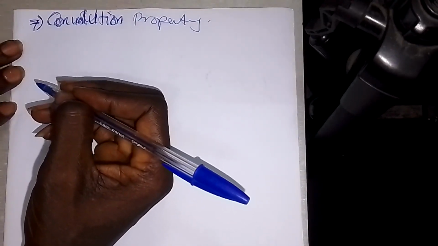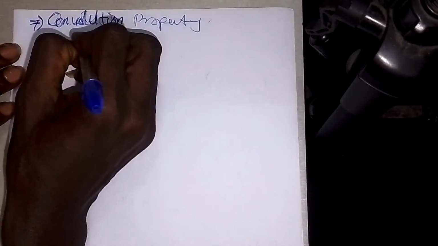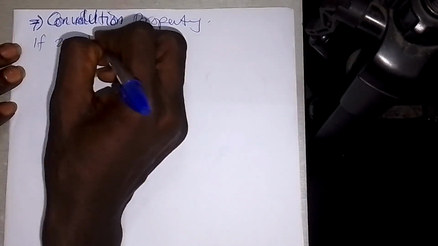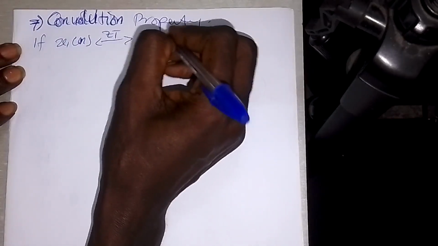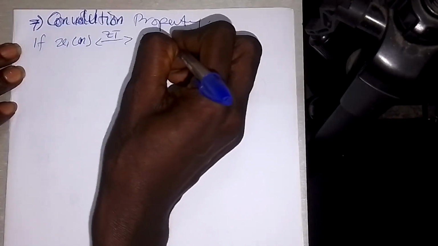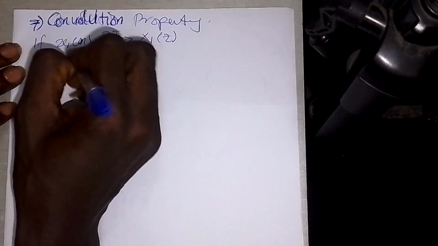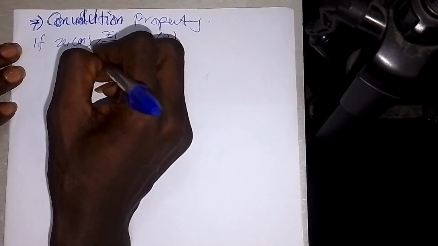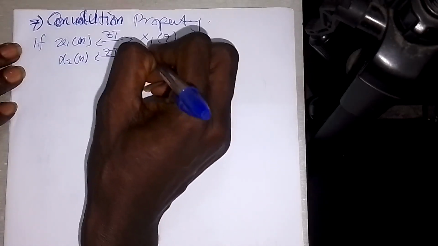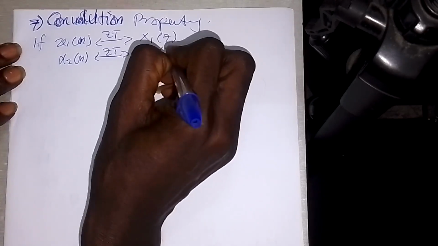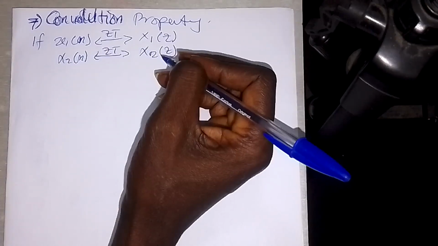Here, if x1 of n has a z transform of X1 of z, and x2 of n also has a z transform of X2 of z, then what are you going to expect here?